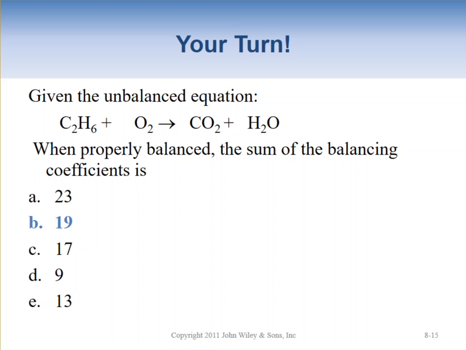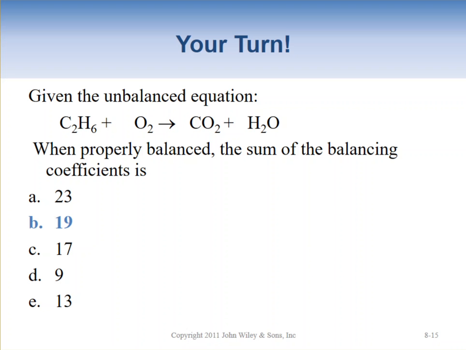So let's do another combustion reaction. This is a reaction of ethane, C2H6, and oxygen that gives you carbon dioxide and water. To answer these questions, you will need to balance the equation first, and then look at the sum of the balancing coefficients. To balance, we first want to balance the carbons.